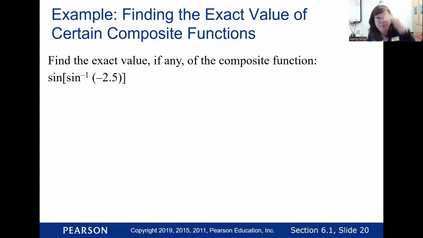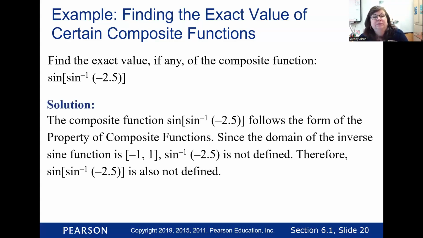It's -1 to +1. So can you plug -2.5 into the inverse? No, that's out of the range of what sine would ever be. Sine is never going to be lower than -1. So it's not defined here.